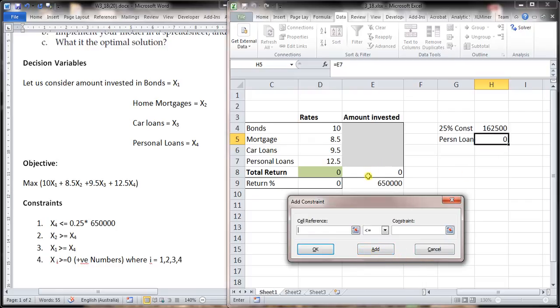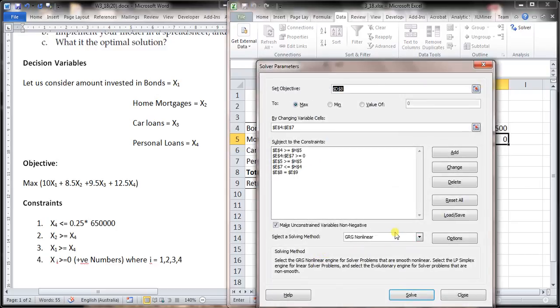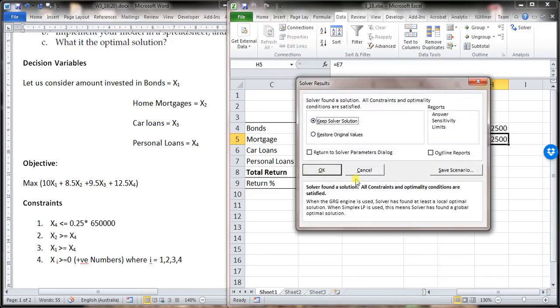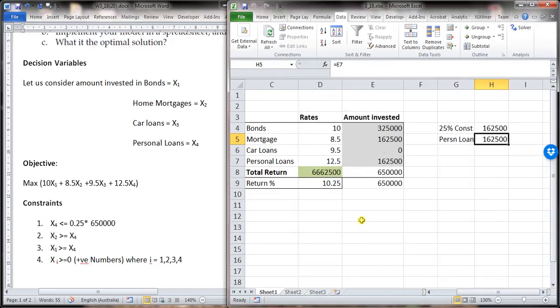The sum of the amount invested should be equal to the total portfolio amount. Change it to LP, solve it, and get the results. So this is our result.